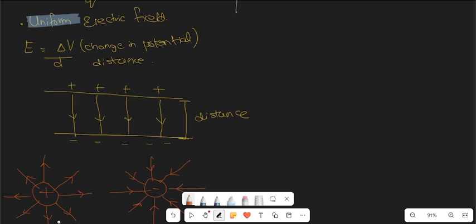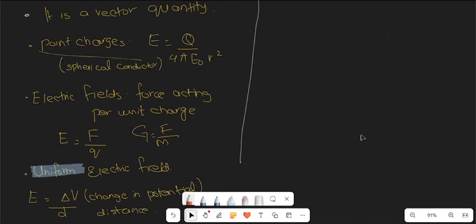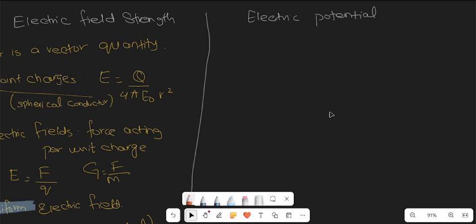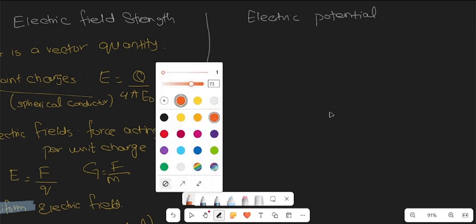Now let's move on towards electric potential. So what do we mean by electric potential? Again, very similar to what we did in the gravitational field.